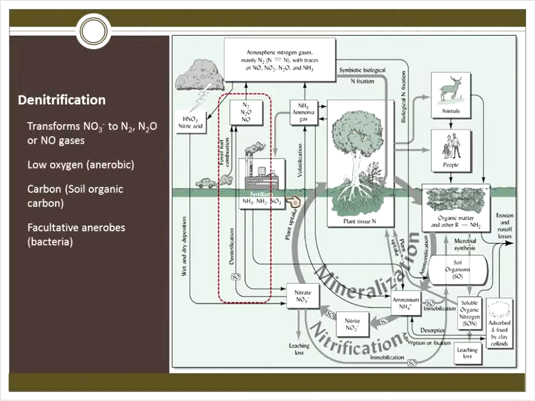The predominant nitrogen gas that is generated through denitrification is dinitrogen gas. So it's non-reactive, and that's what we want. We want to get this nitrate out of the shallow groundwater, and we want to get it back into the air as an unreactive form of nitrogen. But unfortunately, this doesn't always occur.